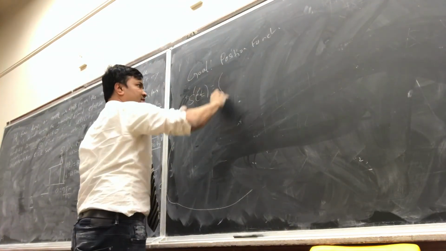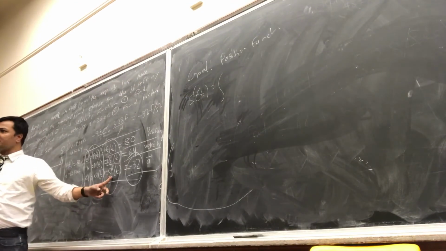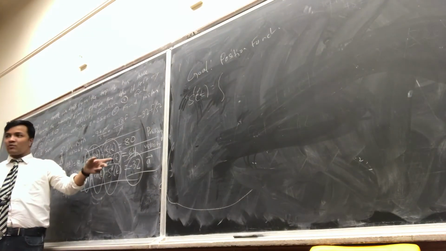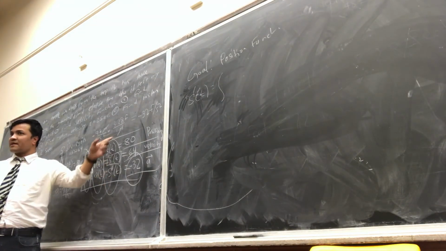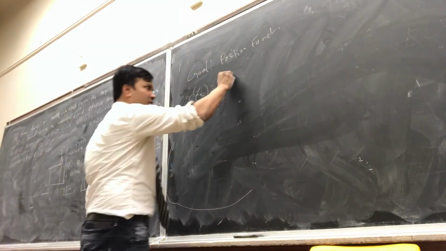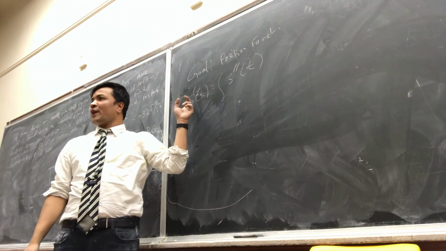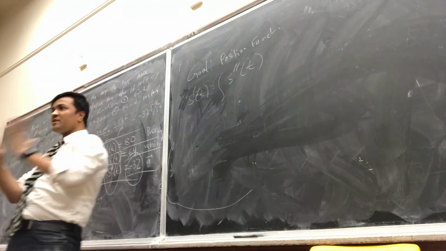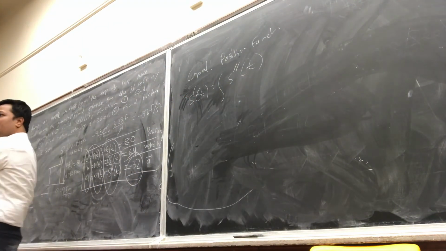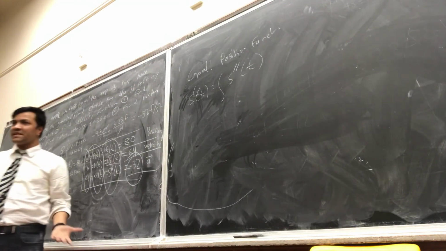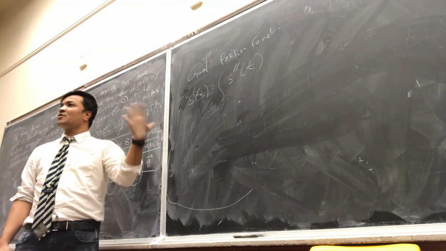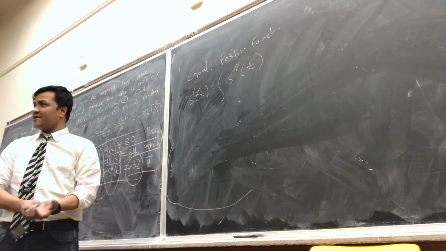Using S double prime of t. From here to here, one step at a time. Not jumping, one step at a time. And then we accomplish something, and then something else, and at the end of the day, we'll have something that looks like what we've been saying for many years.